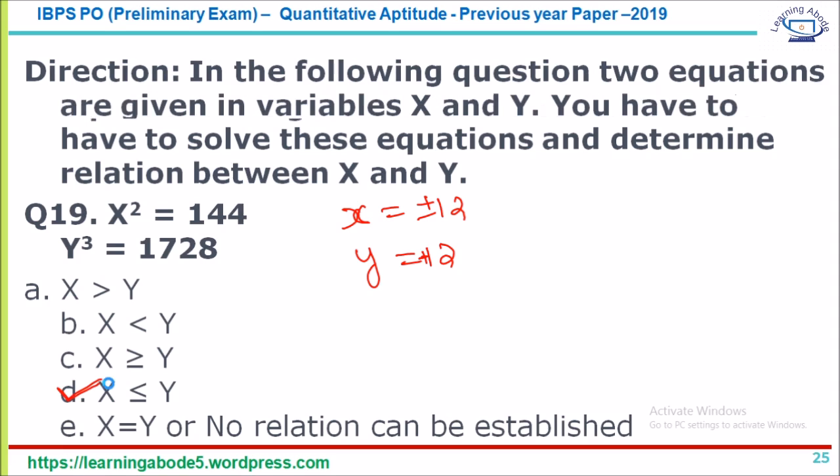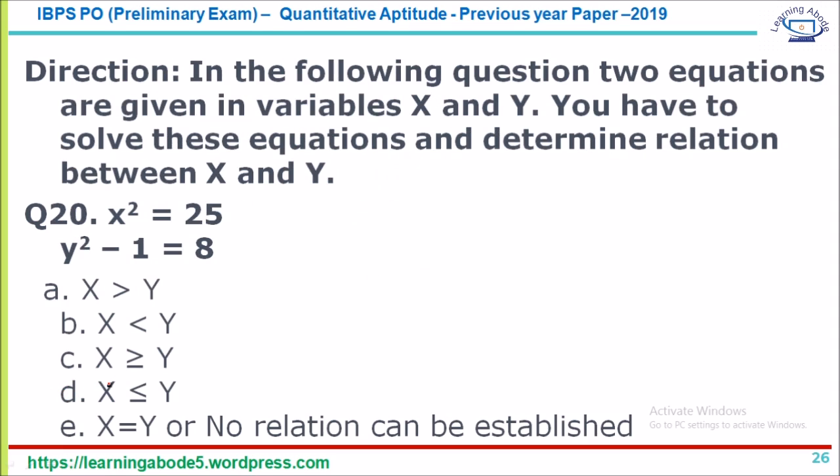Wonderful question. Question number 20. The following equation. Again same, here you get x is equal to plus or minus 5, and y square equal to 9, so you get y equal to plus or minus 3.